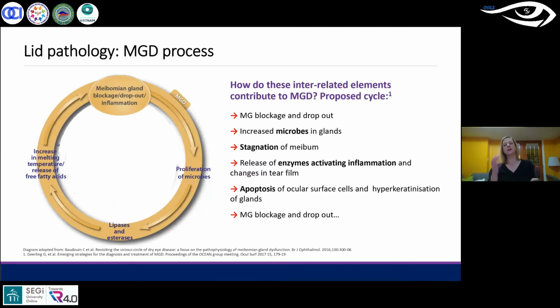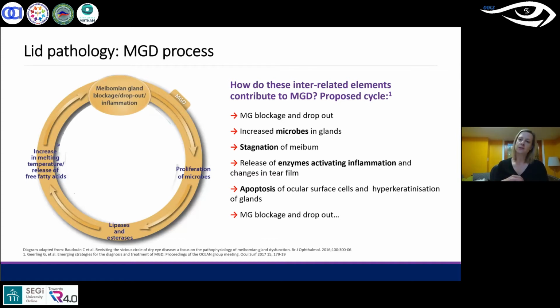Okay, so what's the process of MGD? Well, we're going to talk circles over the next two slides. It's very much thought that this is a self-perpetuating, spiraling circle of ongoing condition once Meibomian gland dysfunction has started. You're getting blocked glands, which start to drop out over time.